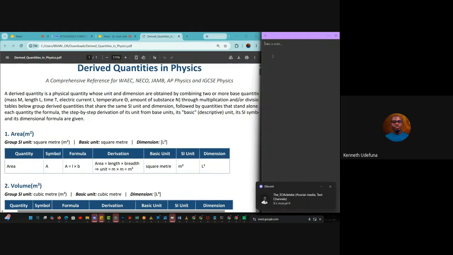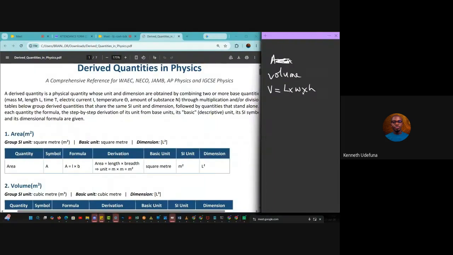Now, let's start with volume. I want you to write the dimension of volume. Remember how we normally do it. We start with the quantity. The quantity is volume. What is the formula for volume? Length times width times height.